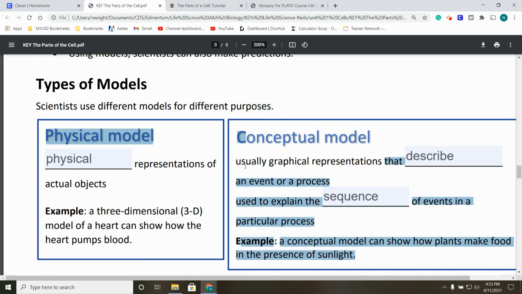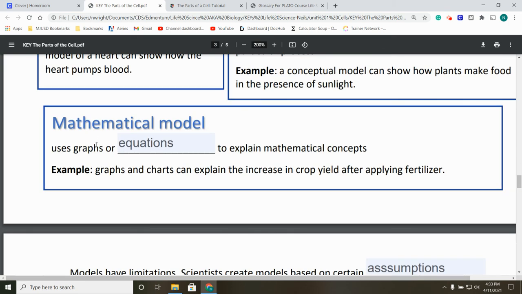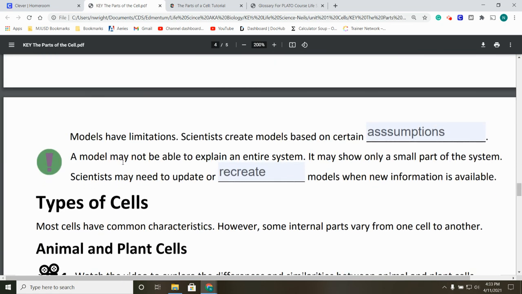Conceptual model uses graphical representations that describe an event or process, used to explain the sequence of events in a particular process. Mathematical model uses graphs or equations to explain mathematical concepts. Example, graphs and charts can explain the increase in crop yield after applying a fertilizer.